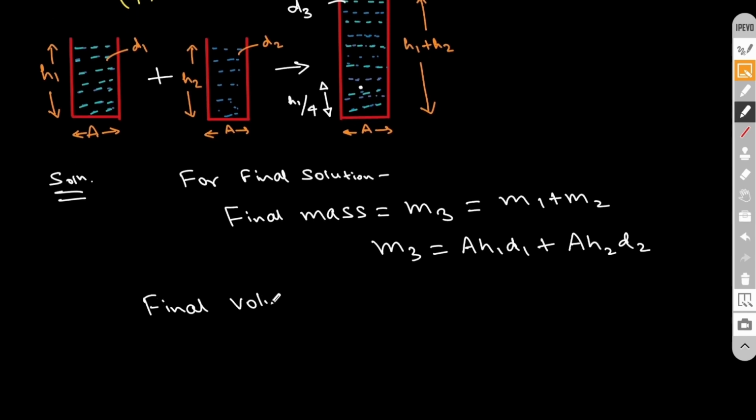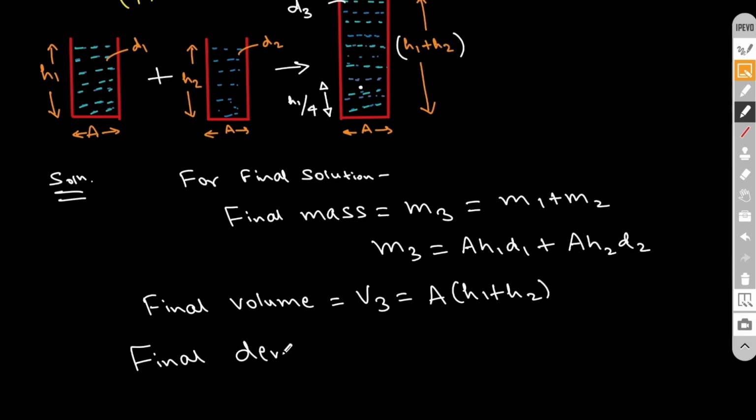Similarly, we'll write the final volume. So the final volume, let's call it V3, will be equal to A times h1 plus h2, right? We got the mass, we got the volume. Now we'll write the final density. Final density, let's call it D3, which we assumed earlier. So D3 is equal to, you know the formula for density, it is mass divided by volume.